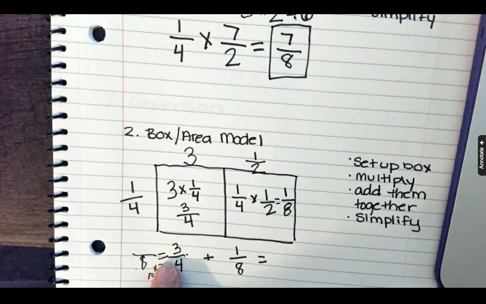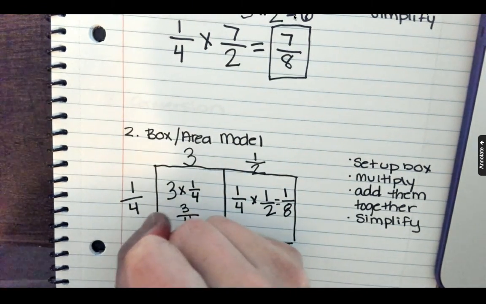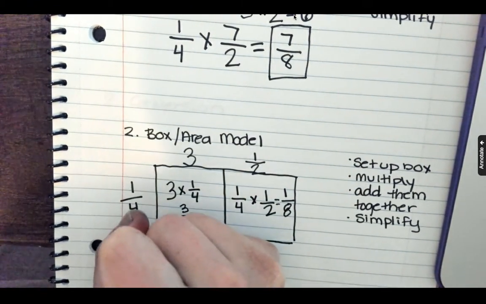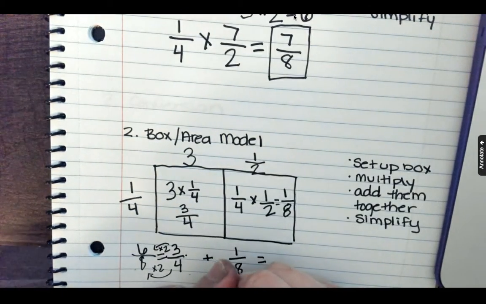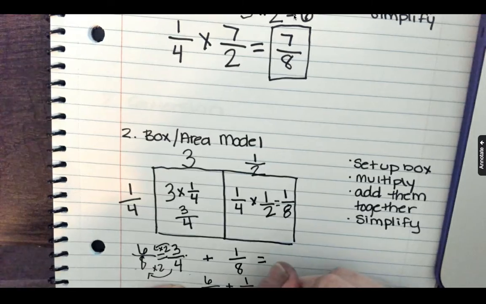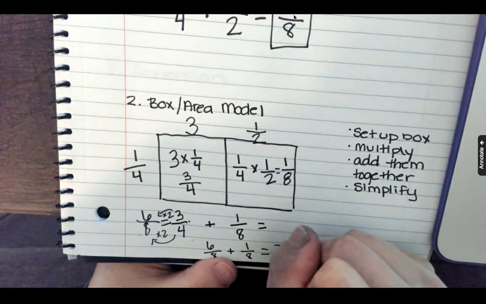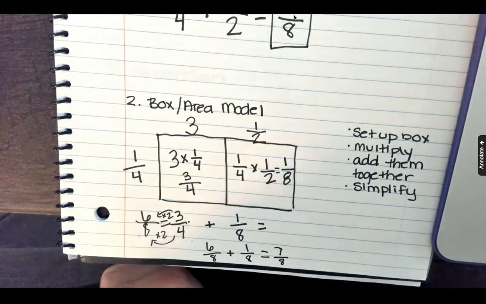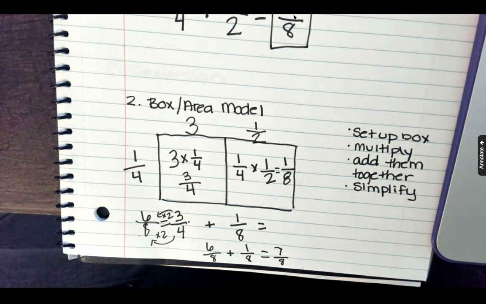So 3 times 2, and I get 6. So now I'm adding 6/8 plus 1/8 for my answer of 7/8. Again, I would simplify if I could. In this case, we don't have to simplify, but you may have to simplify.